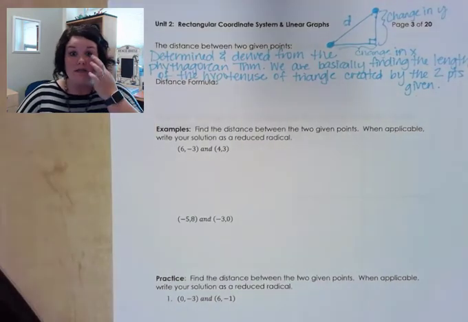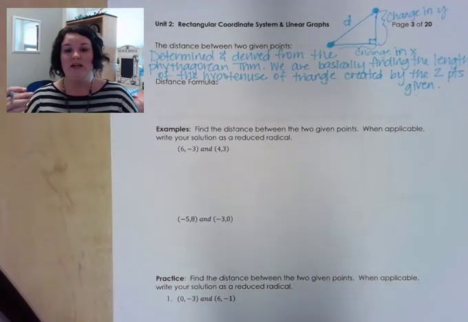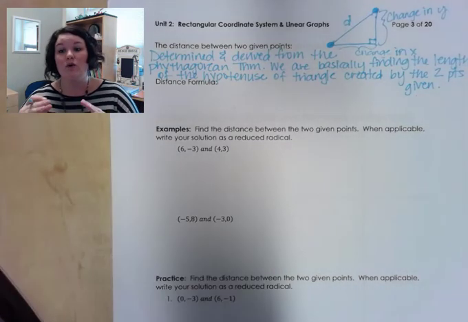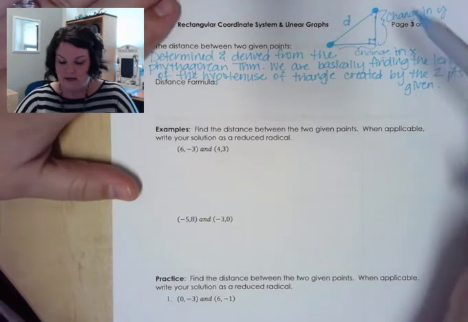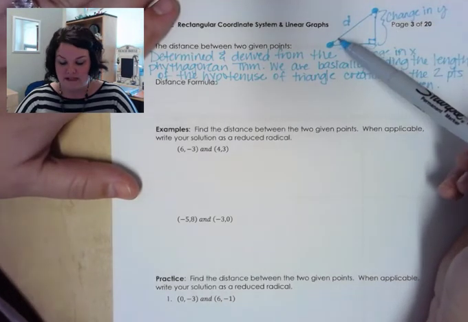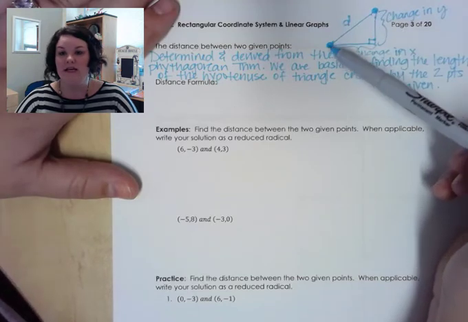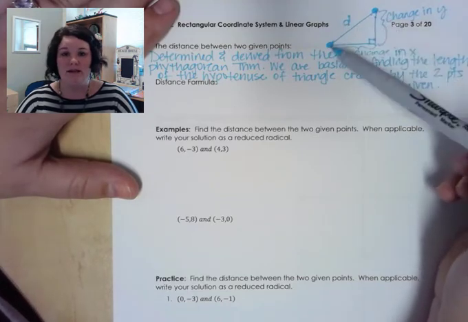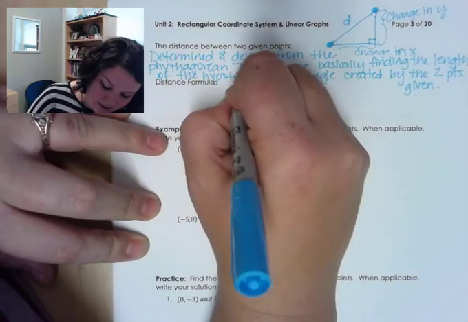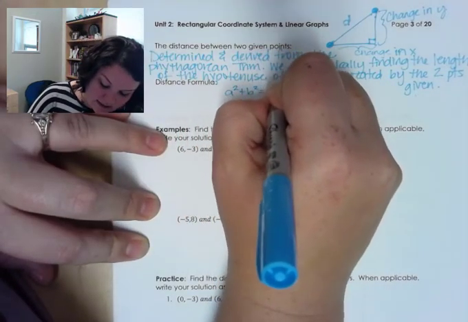Okay, so our distance between the 2 points, we can determine and derive from the Pythagorean theorem because we can create a triangle from these 2 points that are given, and basically we're looking for that hypotenuse length created by that distance. So remember, a squared plus b squared equals c squared.